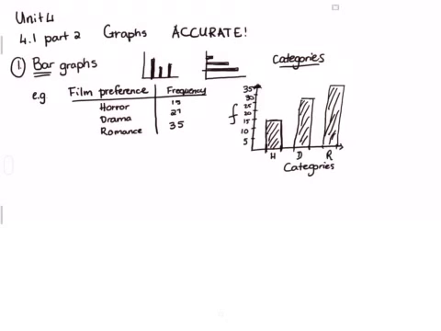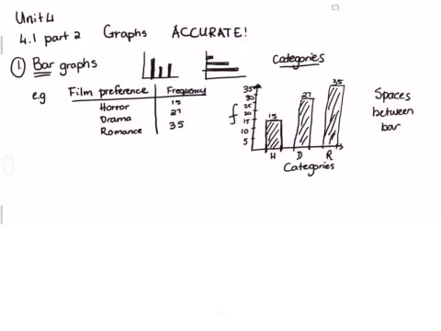What you can do if you want to is at the top of your bar you can write the actual number, especially if it has been a number in between, or if your graph is not going to show it exactly enough, then you write the actual value at the top. Right, so categories make bar graphs nice, and the bar graphs must have spaces between bars. That's what makes it a bar graph.